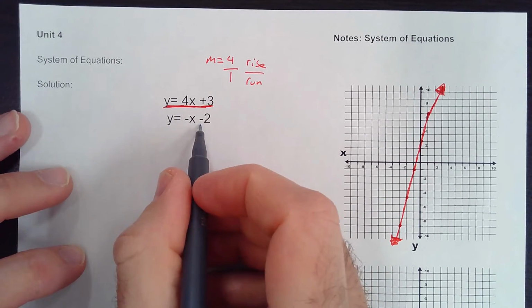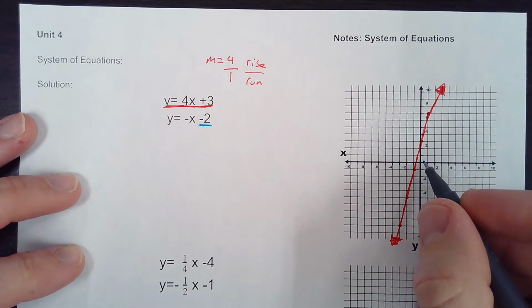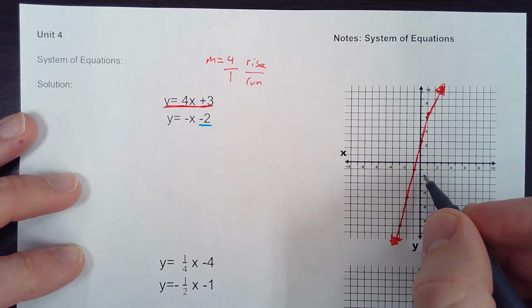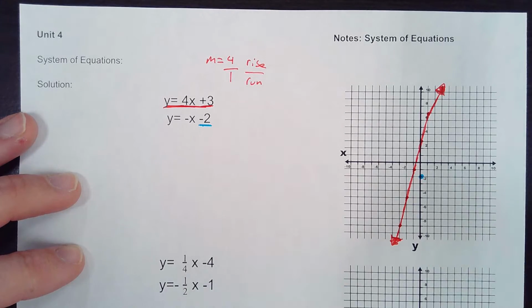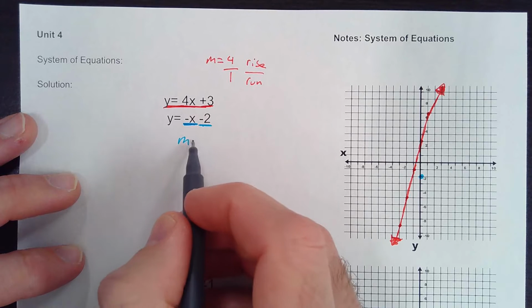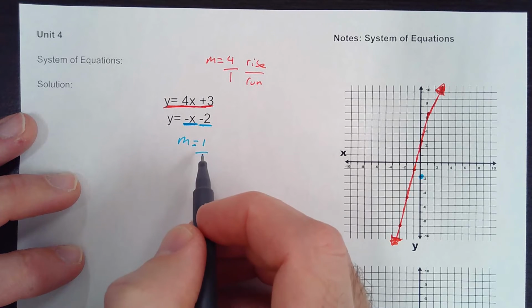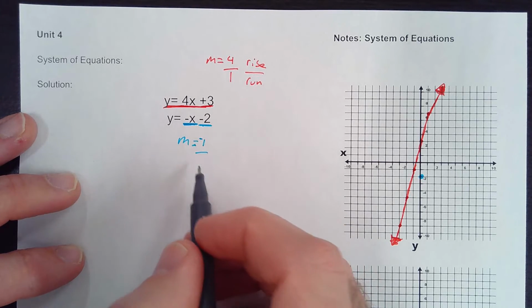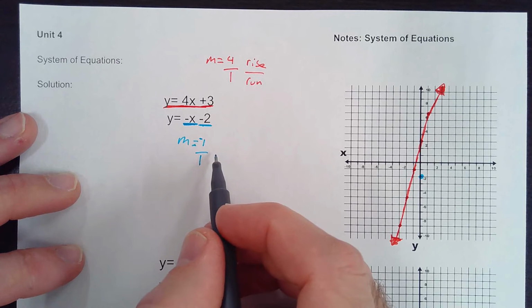So we start with our b value, and it's -2, so I'm going to go down 2. And then here, what's our m value? M is equal to -1. But I need that to be a fraction, so -1 over 1.